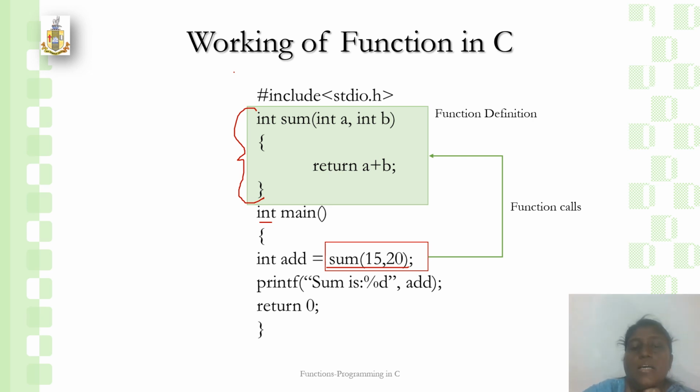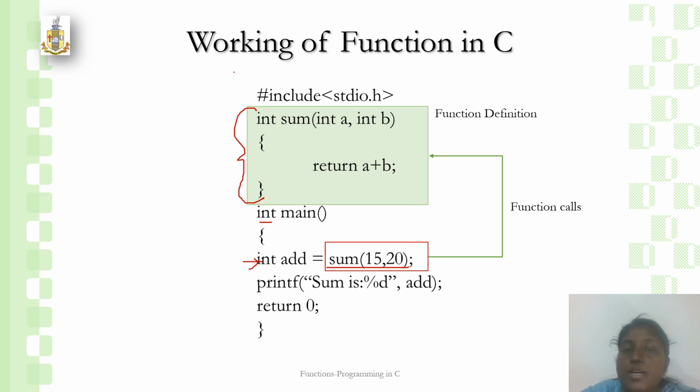Once the compiler encounters this statement, it has declared a variable int add is equal to sum of 15 comma 20. So the variable add will hold the value that will be returned from this function sum of 15 comma 20. Here the sum of 15 comma 20 is the function call.